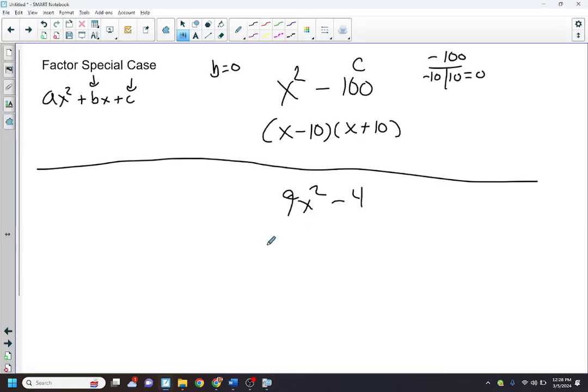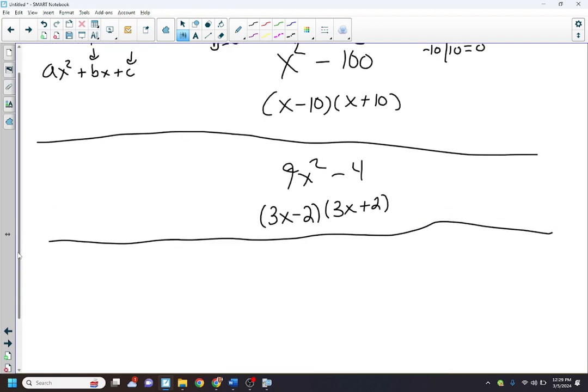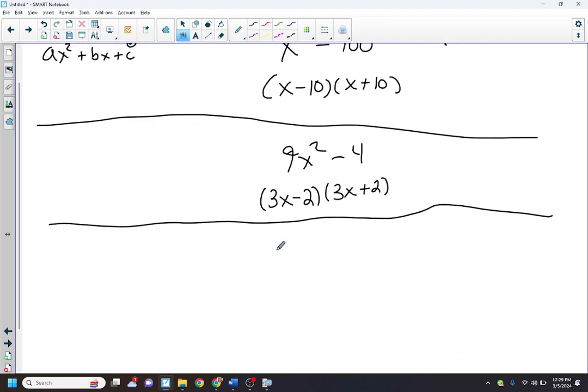So in this case, you get the answer as 3x minus 2 and 3x plus 2. It's always going to be minus and plus the square roots, okay? If it's two terms. Remember, you could always take a GCF out first. For example, you could have a situation like 2x squared minus 50.